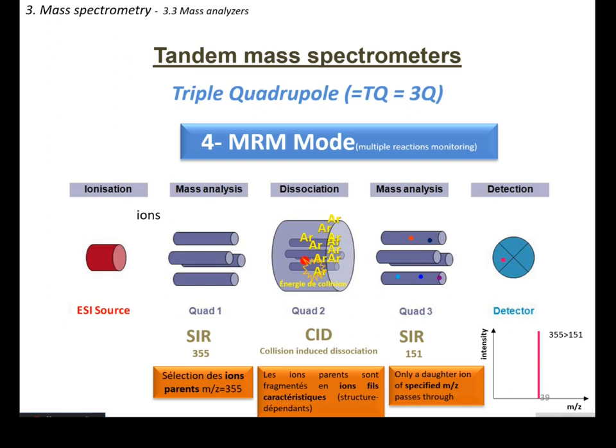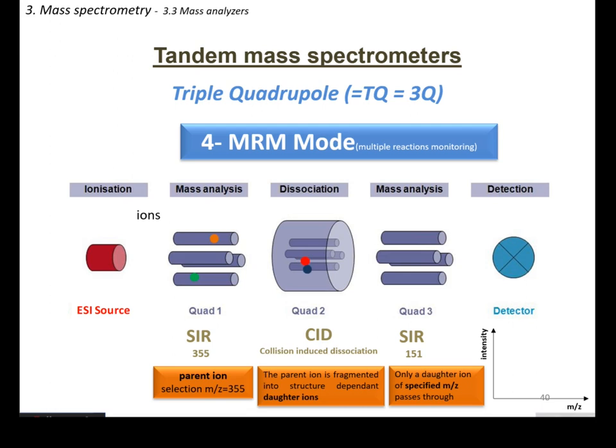and to quantify only the isomer of interest. It's also nice because for quantification, there is a double filtering of ions. So in the end, very few ions reach the detector. And so the background noise is minimal. And so it's a very interesting technique to quantify traces like phytohormones or very low trace pollutants.